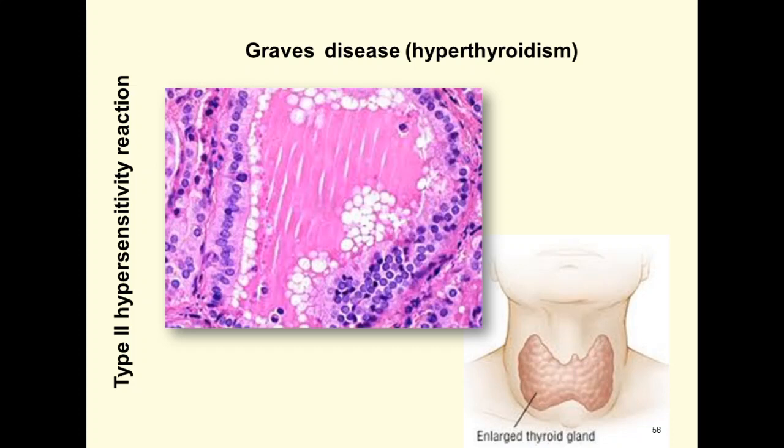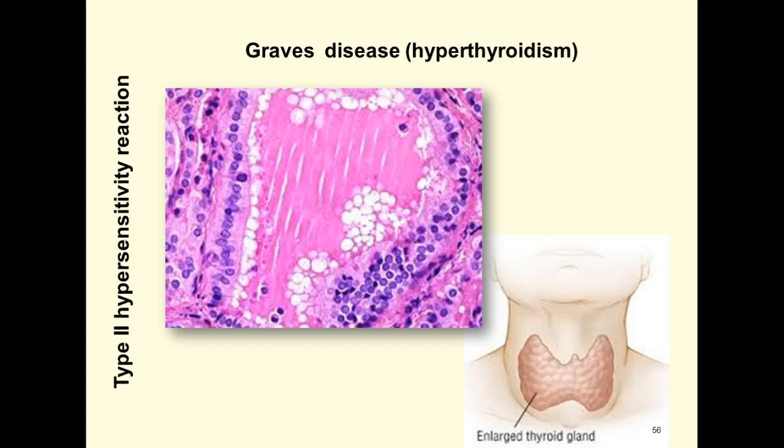And that's why our organism thinks, I need to stimulate to produce more T3, T4, and I send thyroid stimulating hormone. But there is no reaction. So I need to stimulate more and more and more.